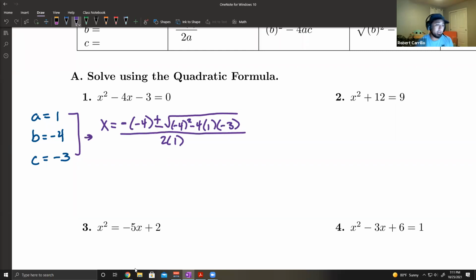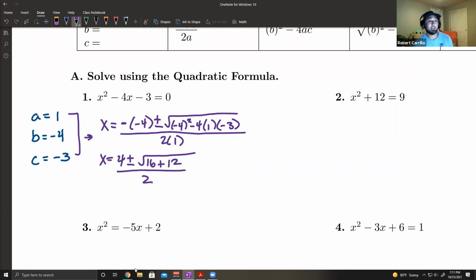Okay, now we can simplify. So this will become x equals negative times negative 4 becomes positive 4 plus or minus, and then inside your square root, you have negative 4 squared, which becomes 16, and then negative 4 times 1 times negative 3, that becomes positive 12, all over 2.